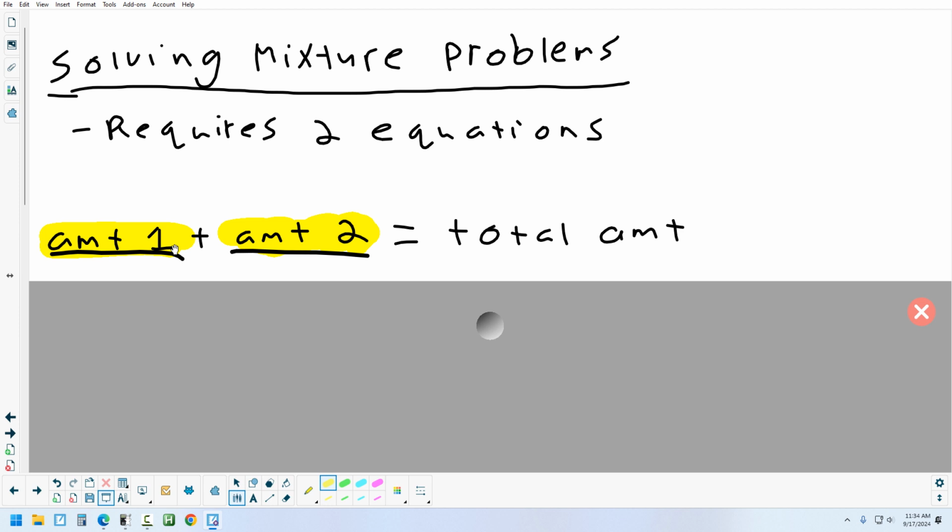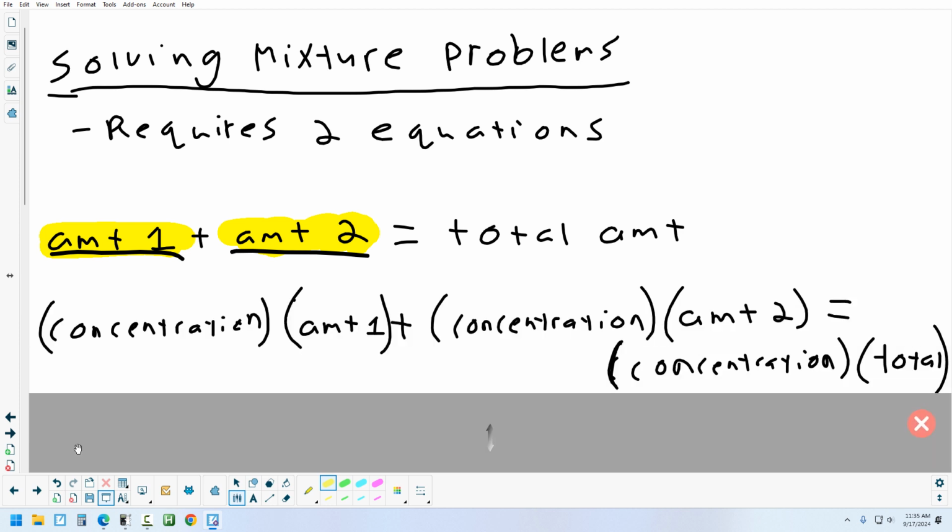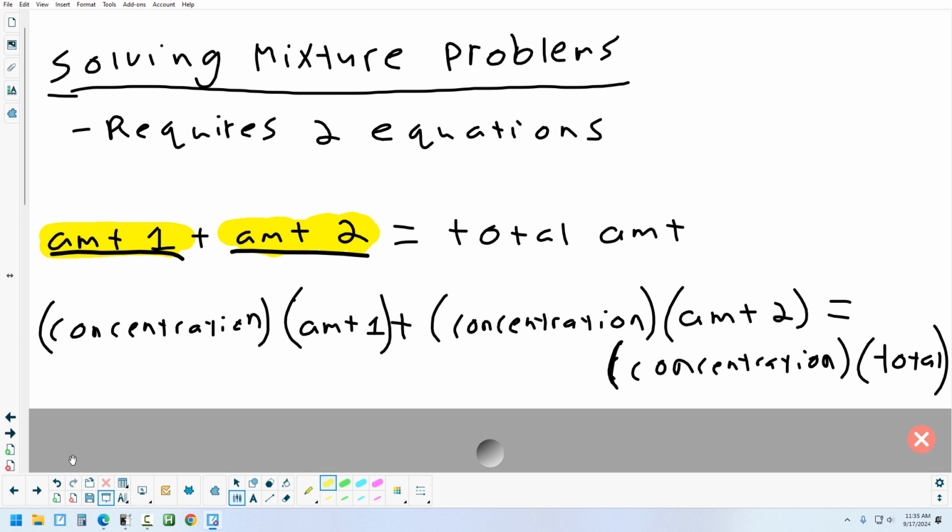It's just the amounts. The next equation is going to take into account the percentage strength or concentration of your mixture. So the next equation is the concentration times the amount.